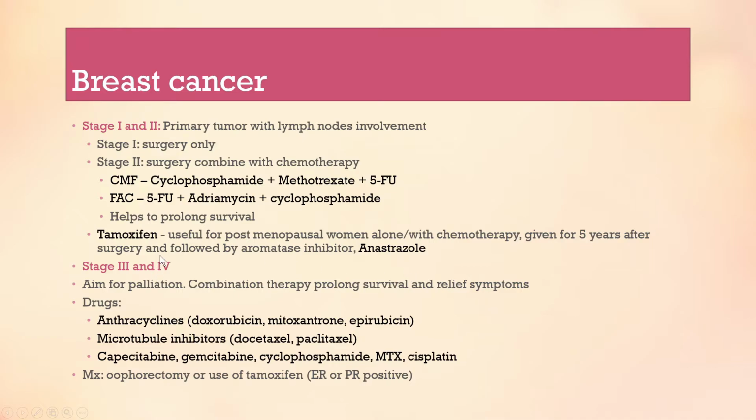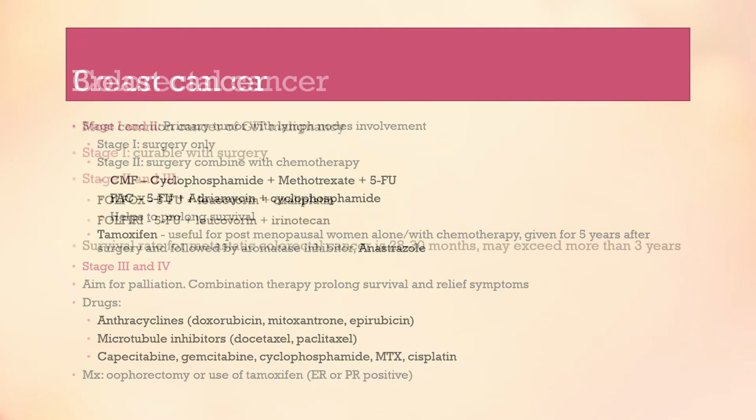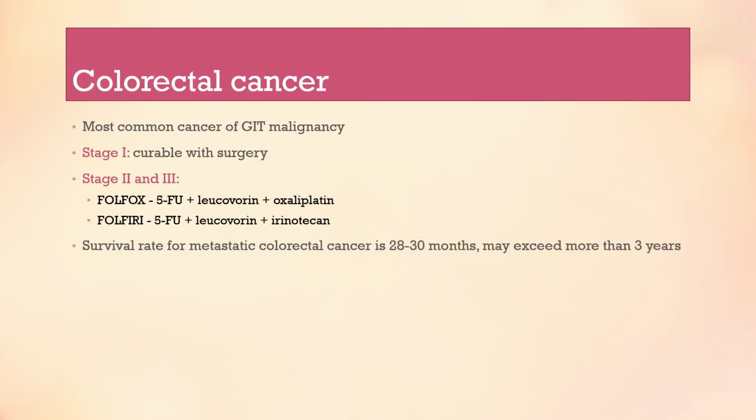For stage 3 and 4, chemotherapy drugs are given as palliative, and they include anthracyclines, microtubule inhibitors such as taxanes and vinca alkaloids. Okay, colorectal cancer is also curable in stage 1, but in stage 2 and 3, chemotherapy drugs are given to prolong the survival of these patients.